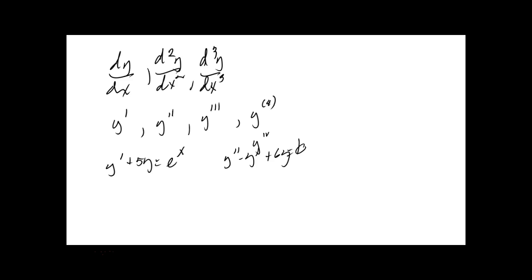Like in algebra, if they don't give you a variable, what's my favorite variable? X. So this would be d2y dx squared minus dy dx plus 6y is equal to 0. Now, if you knew it was a parametric equation, then usually t would be your independent variable. But if you don't know that, assume x. Usually it'll be pretty obvious. Okay.